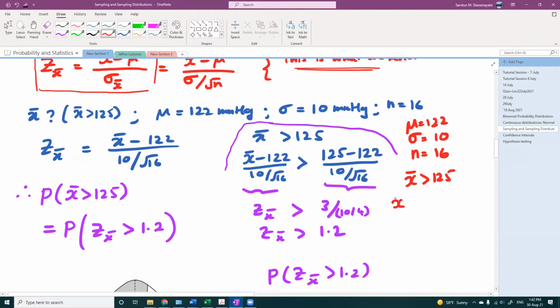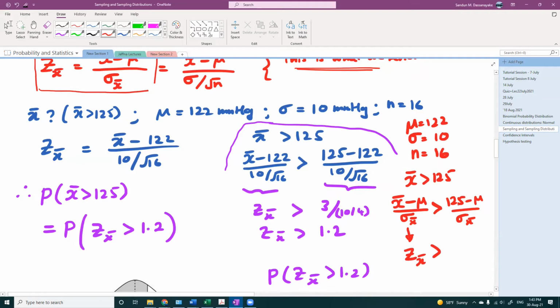You first subtract mu and divide by sigma of X bar, and you do the same on the other side. Because sigma is positive, the inequality sign is not going to change. We don't know X bar, but we know that if we do this, it will be converted to a Z value.